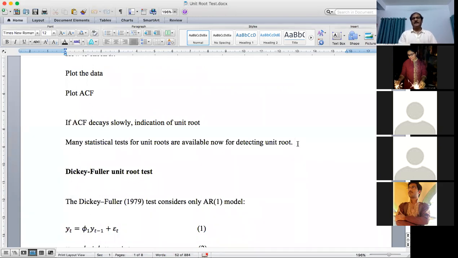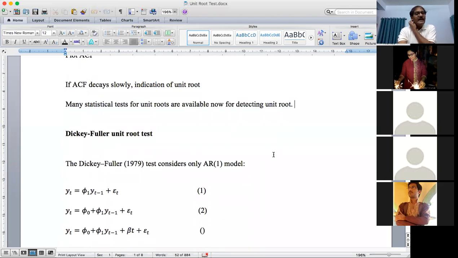formal testing for unit root. Now, a lot of statistical tests are available in the literature. We can discuss a few here, and we start with the basic test for unit root, known as the Dickey-Fuller unit root test.